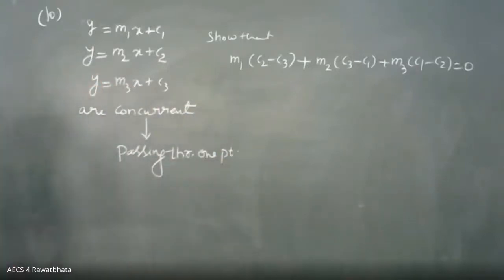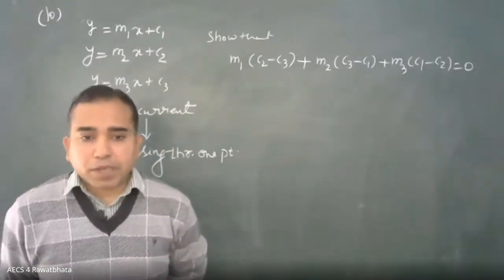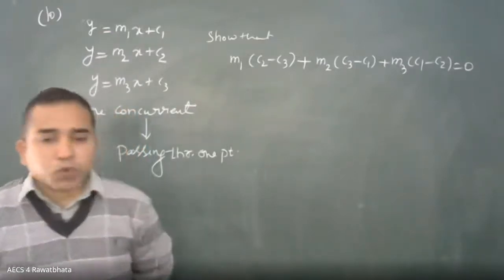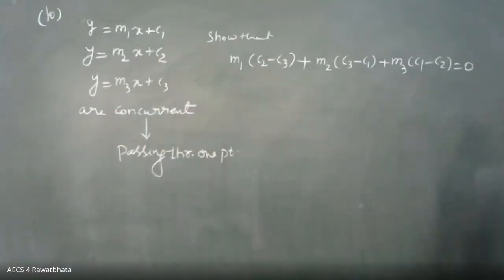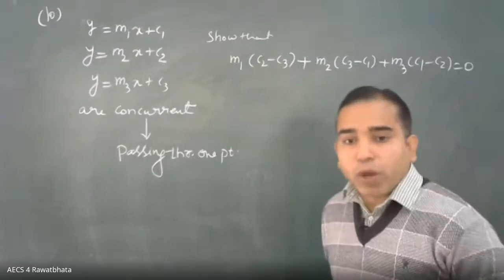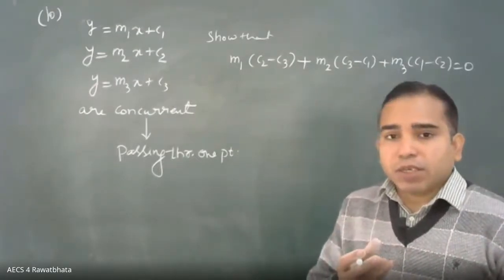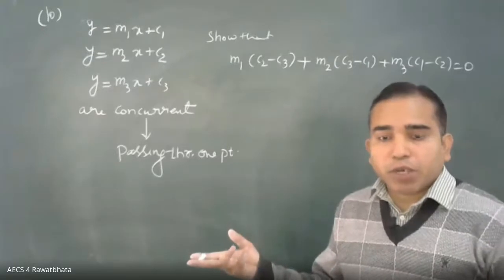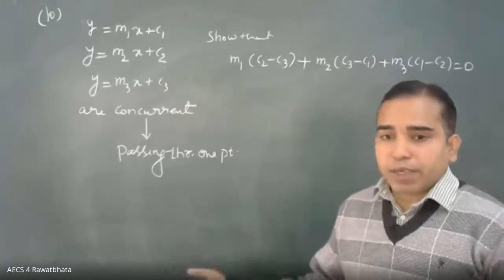So you can say that the area made by these three lines, the triangle, will have zero area if they are concurrent. That can be done. Or like the previous question we worked on, as somebody said, solve the equations of two lines, get the point of intersection, and that point of intersection will satisfy the remaining third equation also. So put the value of x and y in that equation.